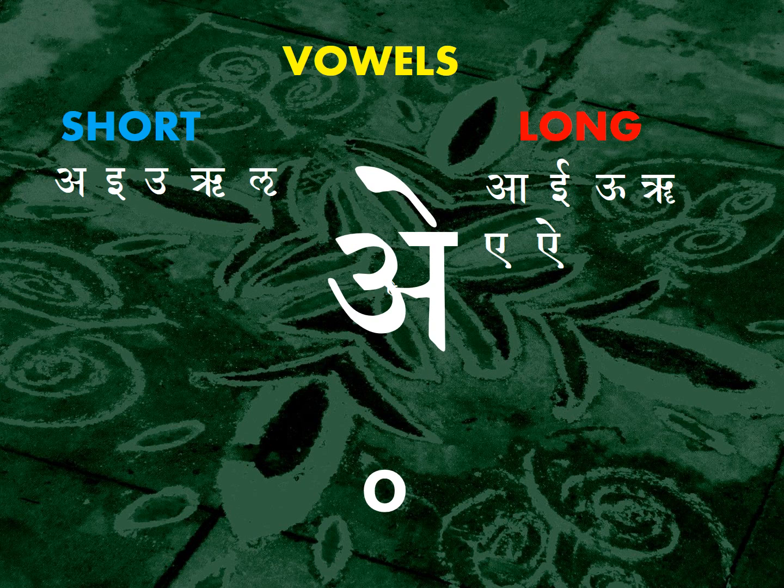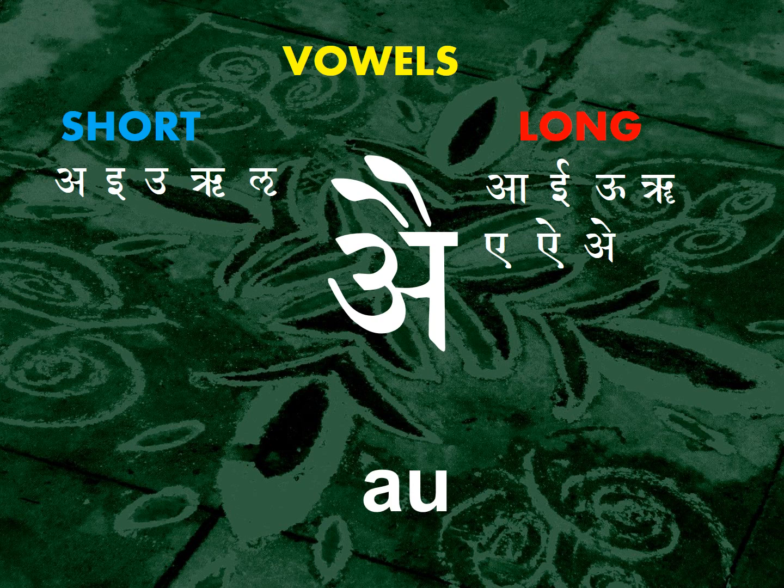This is o. What you see here is the short version of the letter A, but again there is a line springing out on top of the bar here, and it turns into o. If you double the lines coming out, it is au in Sanskrit.